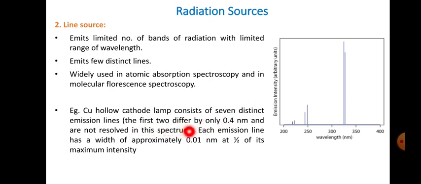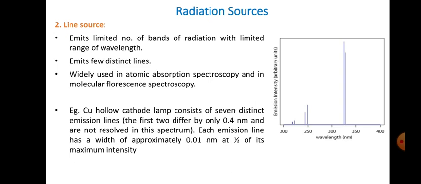The first two differ only by 0.4 nanometer and are not resolved in the spectrum. Each emission line has a width of approximately 0.01 nanometer at half of its maximum intensity.